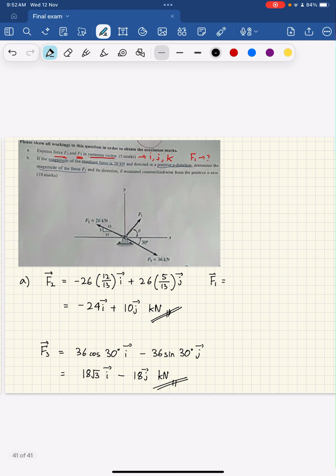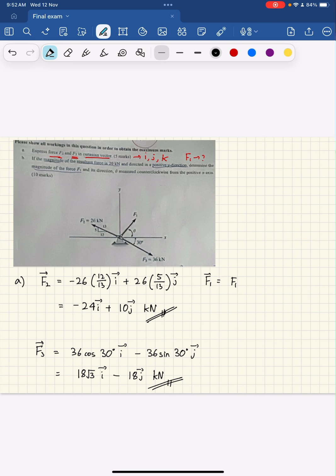Therefore, it's just F1 cos theta I plus F1 sine theta j. That's for F1, just in case it's needed. Make sure you don't forget the units, kilonewton, because we're dealing with force. So that's the Cartesian vector.